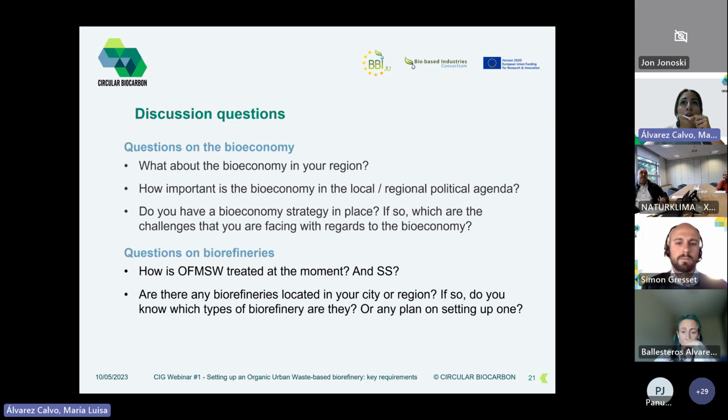How important is the bioeconomy in the local or regional political agenda? Do you have a bioeconomy strategy in place? And if so, which challenges are you facing with regard to the bioeconomy?